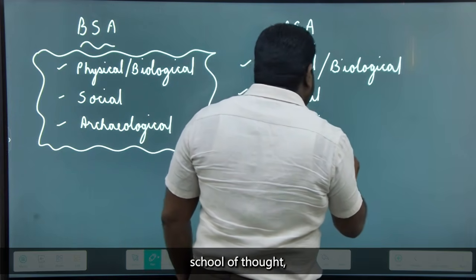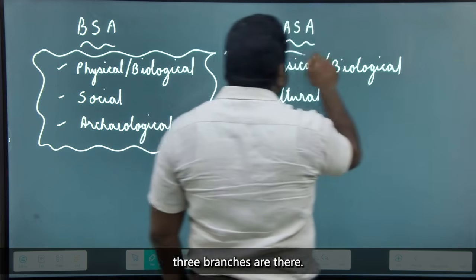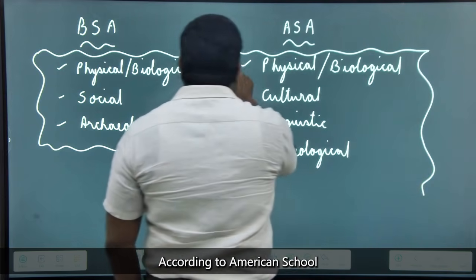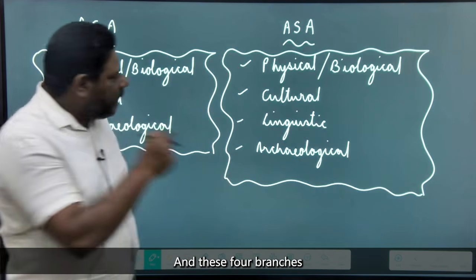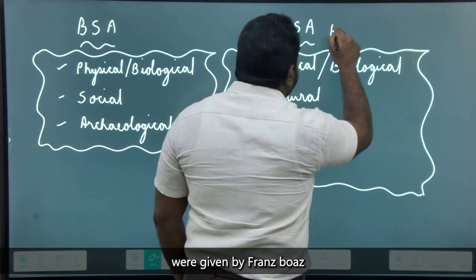So according to British school of thought, three branches are there. According to American school of thought, four branches are there, and these four branches were given by Franz Boas.